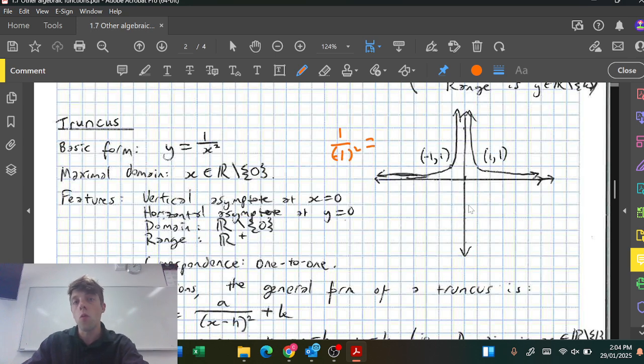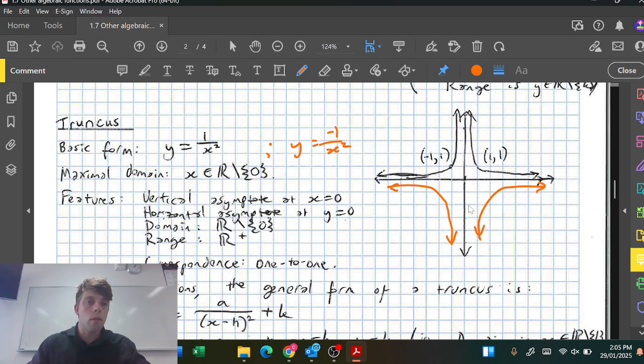Negative 1 squared is 1, so that's just 1 over 1. So we get out a y value of 1. That's this one here. Okay, so it looks like a hyperbola, just with both branches pointing in the same direction.